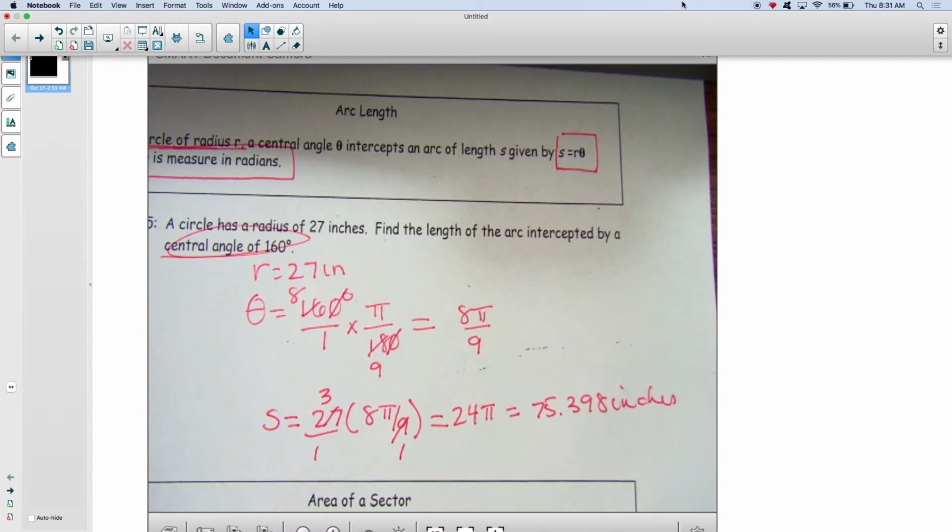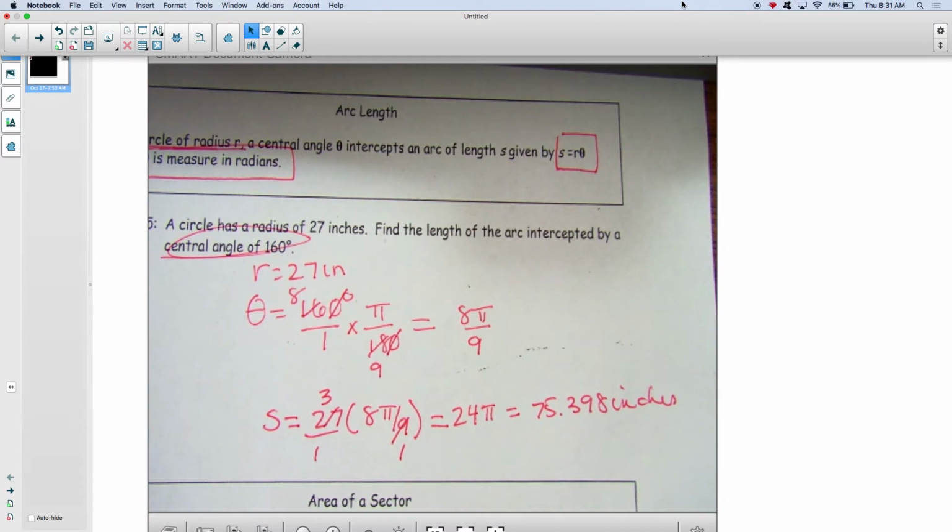You don't have to. You can just stick it in your calculator and get the answer. So if he wrote 24 pi, would we get that off? Well, if you're telling someone the length of something, and you tell them 24 pi, they're going to go, what? Whereas if you tell them 75, they have a better understanding of what 75 inches is. So yeah, when we're talking about length, we're going to want to multiply it out. Unless I say, give me the exact answer. But I'm not going to on these.